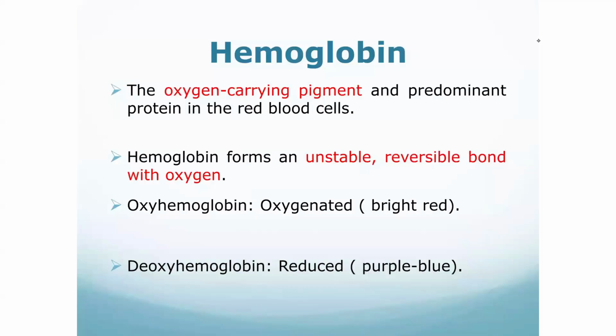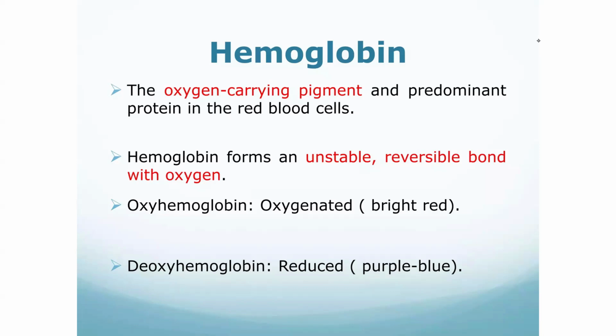Then what is hemoglobin? Hemoglobin is the oxygen carrying pigment and is the predominant protein in the red blood cells. Hemoglobin forms an unstable, reversible bond with oxygen. Generally the bonding between oxygen and hemoglobin is unstable and reversible, because hemoglobin carries oxygen from the lungs, transports it to the body tissue, deposits it there, recycles itself, and comes back again to take another oxygen.